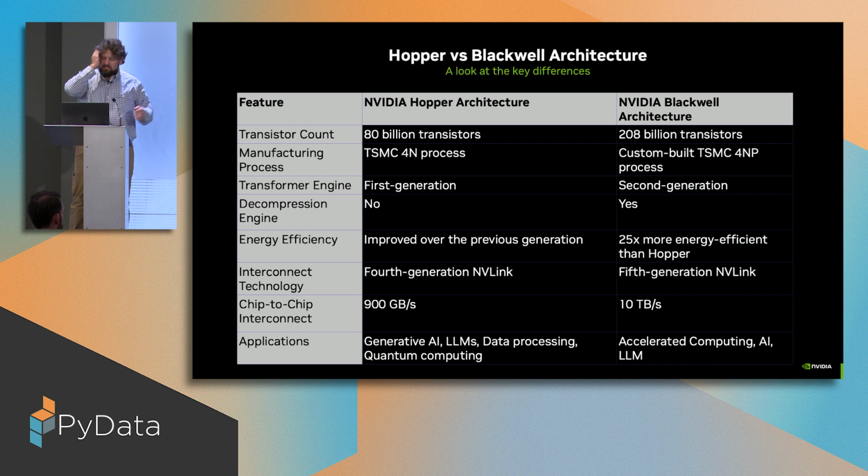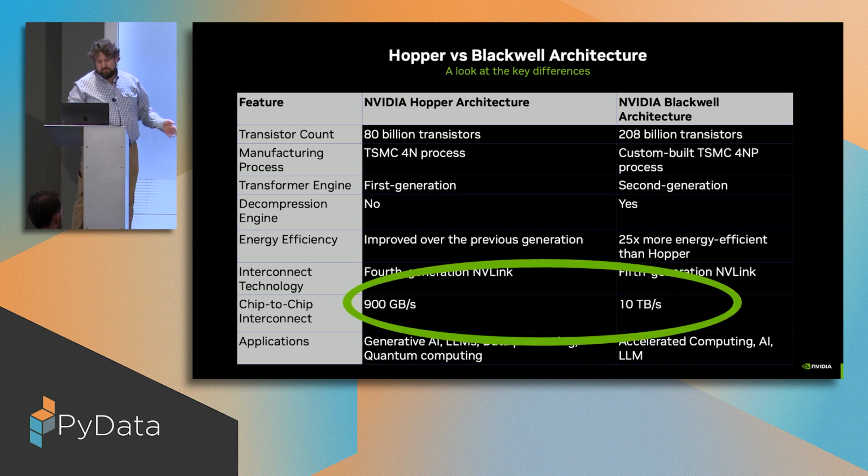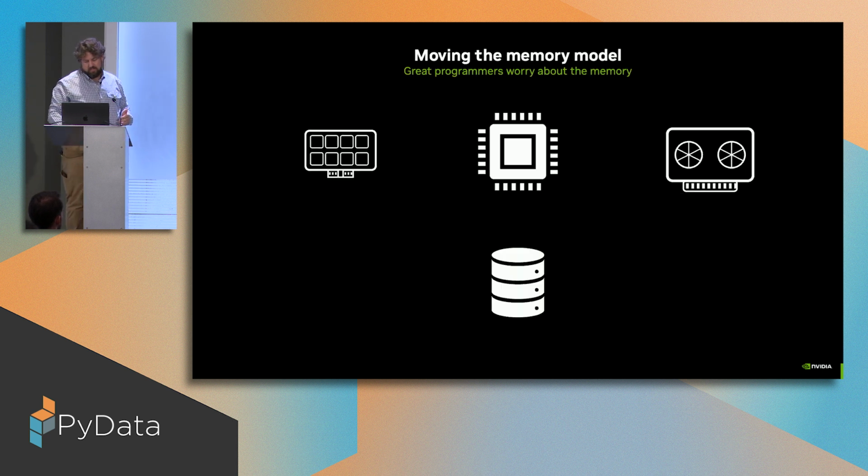So this is another one of those charts that show all the various things that are changing, but just taking one thing of how you might think about how your code has to change. My chip-to-chip interconnect is now going from 900 gigabytes to 10 terabytes. And so what that kind of means is this old model I was showing earlier, we need to shift it around a bit.